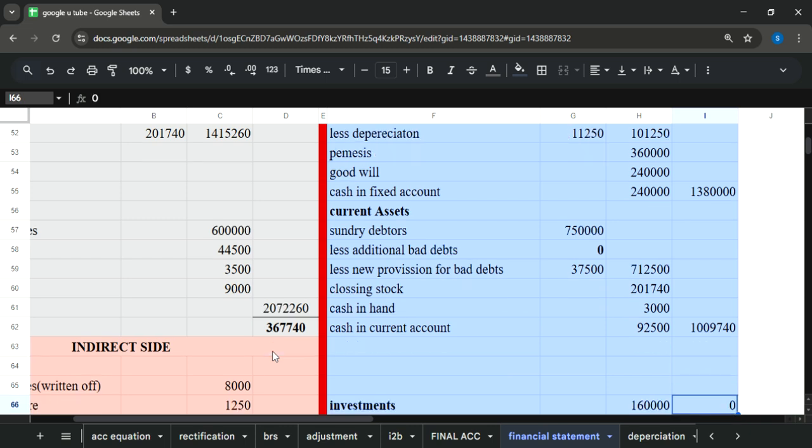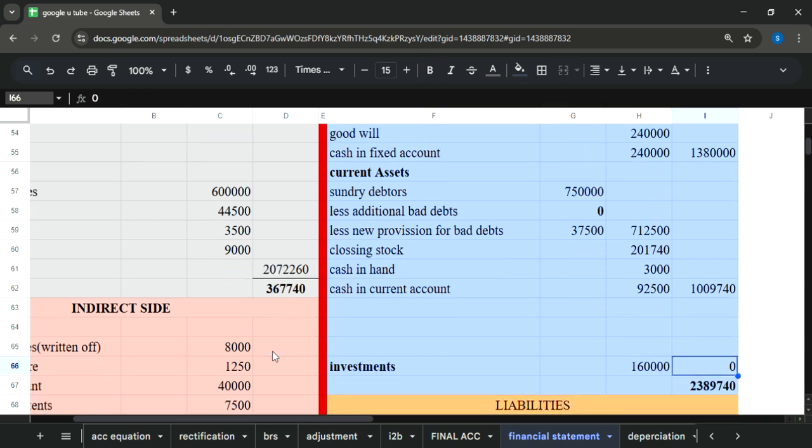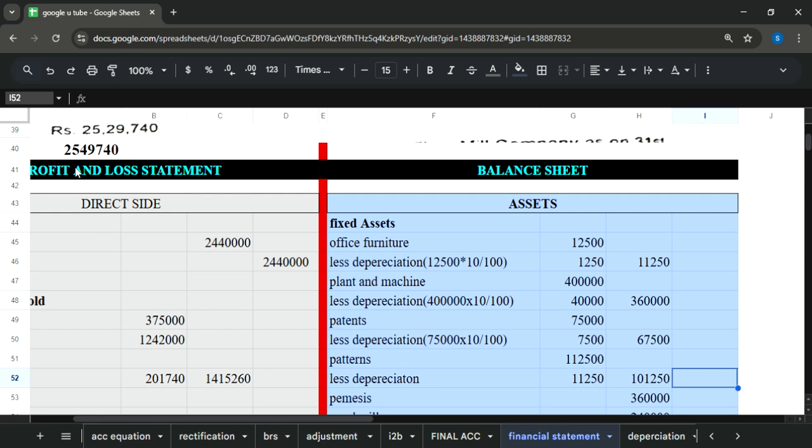Two sums completed. We have investment also present, only one item. These were three factors: fixed assets, current assets sum and investment. So the sum of these three is 2549740, and here you can see 2549740 is your correct answer.